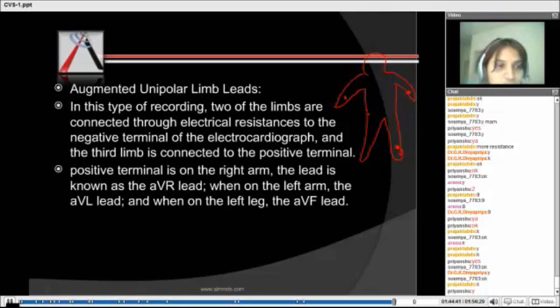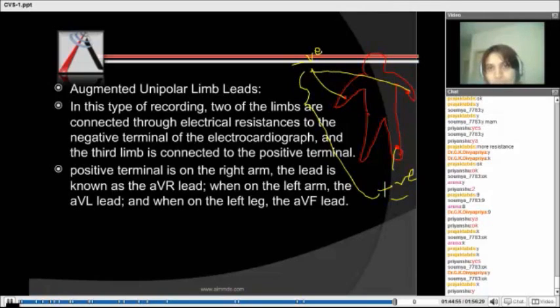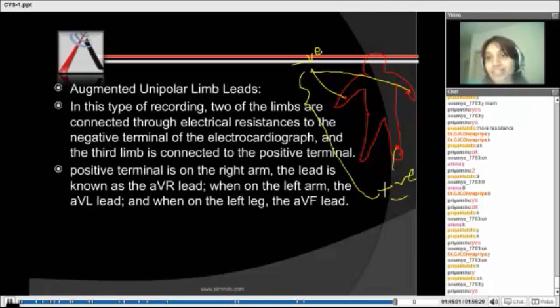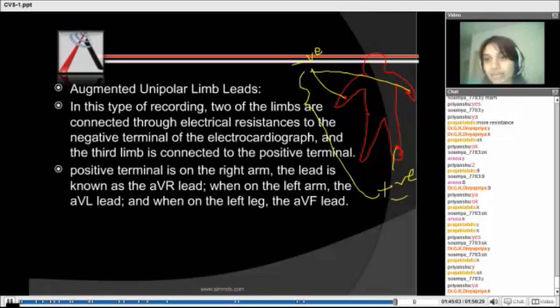So what they do is they connect any 2 limbs to negative and one to positive, and the lead is recorded between these. Are you getting me? Three such combinations are made.